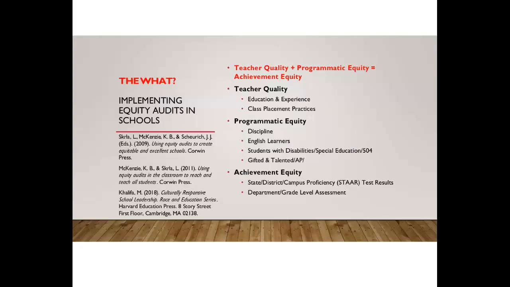So this is where, if we think about it from a program standpoint, the equity audit is programmatic work. It really has to start with the teachers in their own classroom to build that equity lens and that equity work and really understand that they have the skill, they have the mindset and the will, because we all want to do the work, but you have to have the skill to embrace it and do it.